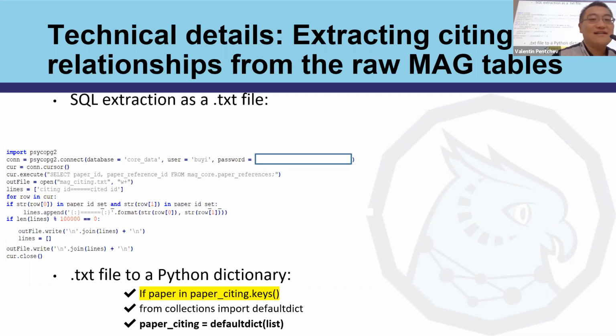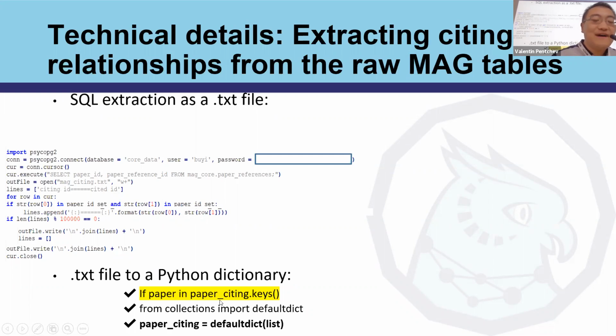To this end, I need to import some packages and run the SQL query, and then all of the results from this select statement I store in the TXT file. So to this end, I use one package: from collections import defaultdict.